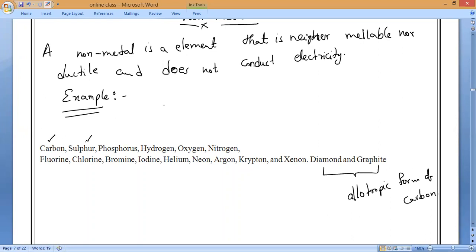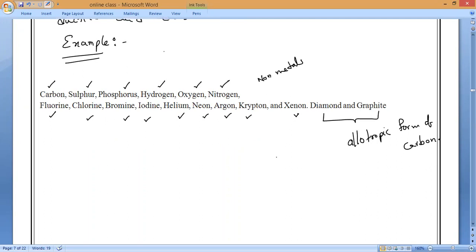So what are the examples of non-metals, everybody? Carbon, phosphorus, sulfur, hydrogen, oxygen, nitrogen, fluorine, chlorine, bromine, iodine, helium, neon, argon, krypton, xenon. All of these we call non-metals. Understanding? And diamond and graphite are allotropic forms of carbon. What do you mean by allotropy? That is what I am asking. Everyone.